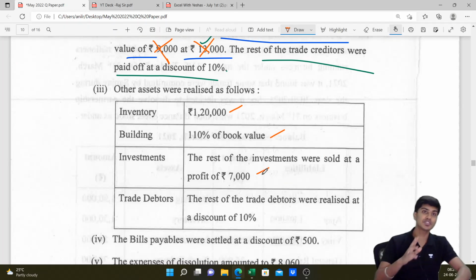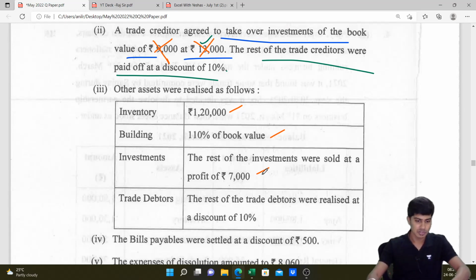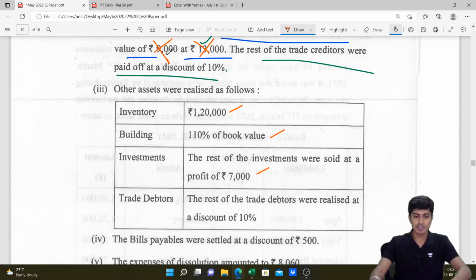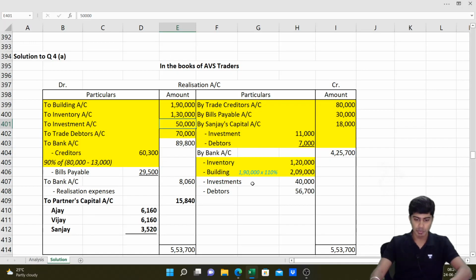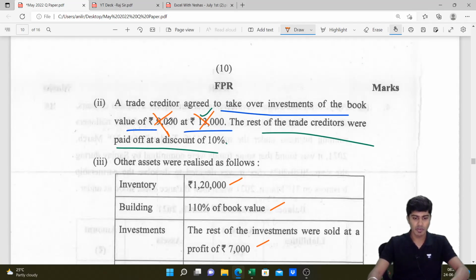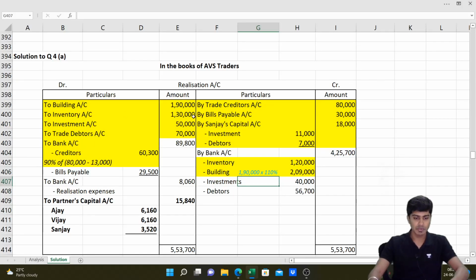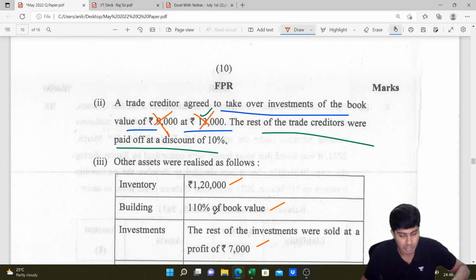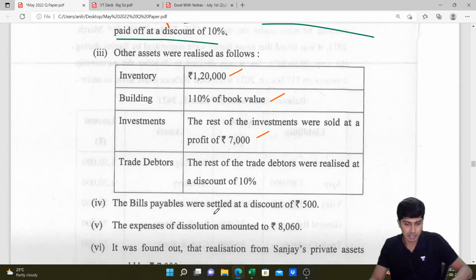Sold at a profit of 7,000. Sorry, investments are 50,000. How much value of investments are taken over? 9,000. Investments of book value 9,000 has been taken over. Total investments is 50,000, 9,000 gone, 41,000. They've sold it at a profit of 7,000.